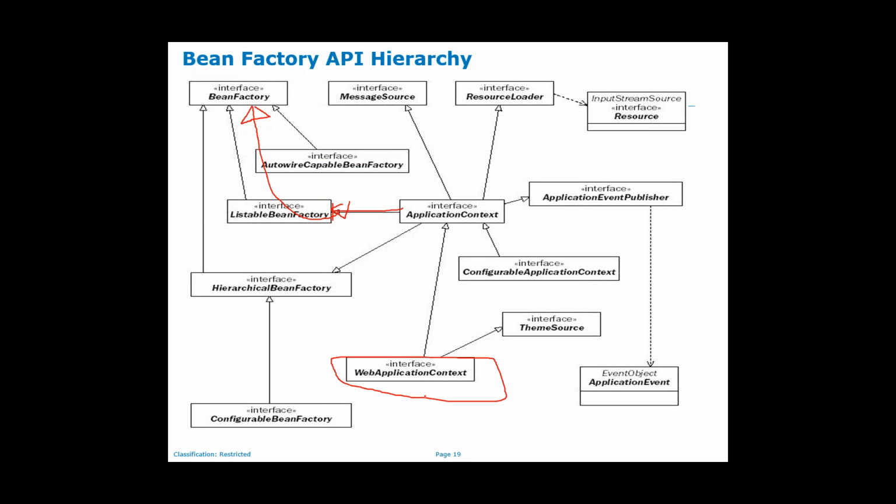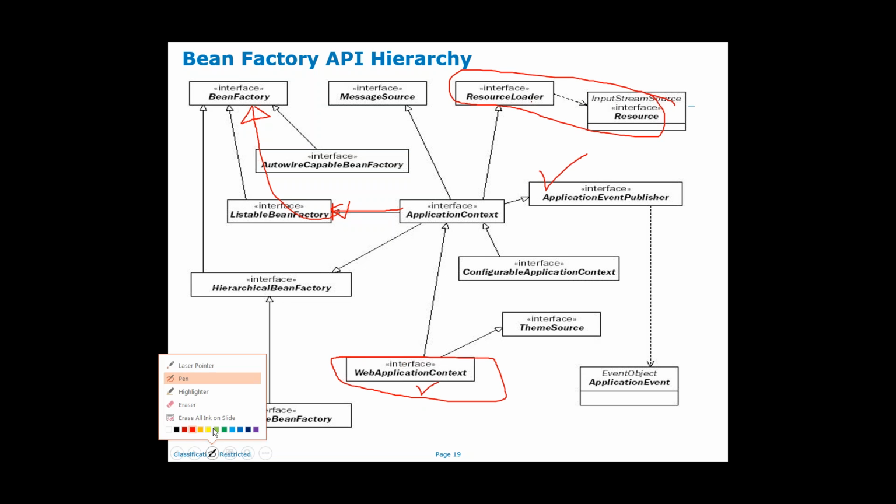If you're working on a web application, you use the web application context. For application event publishing, you use this. If you're working with files or database resources, you make use of the resource loader. Based on your requirement, you will use whichever interface.